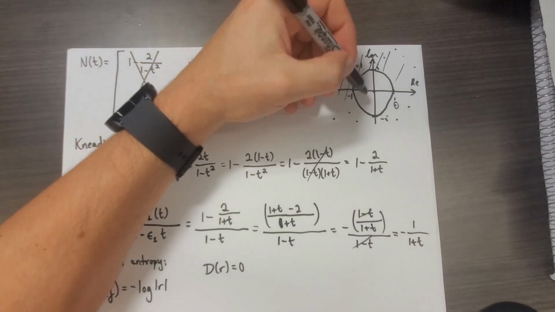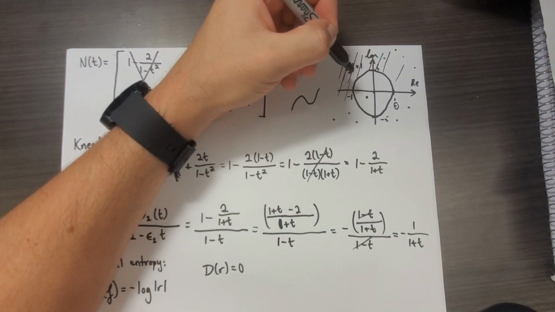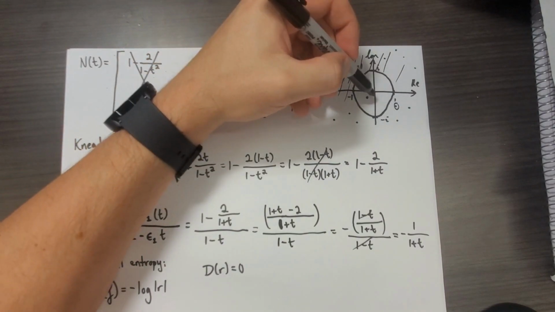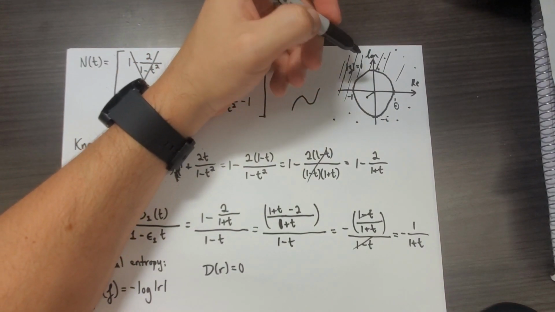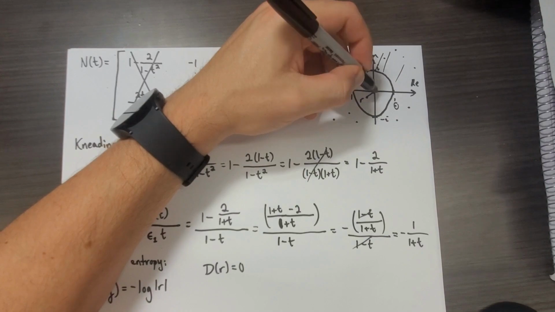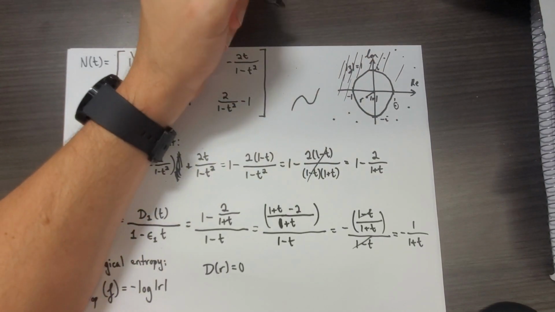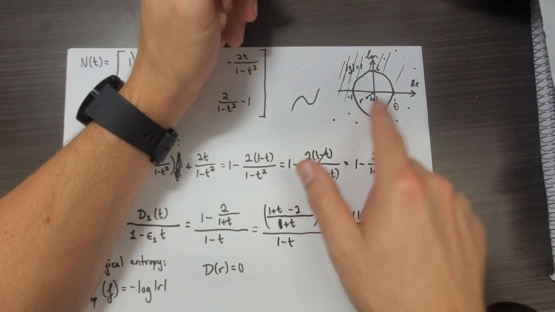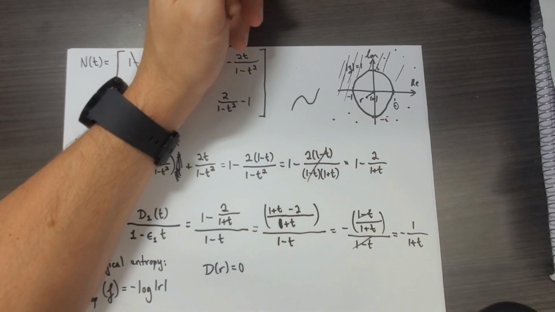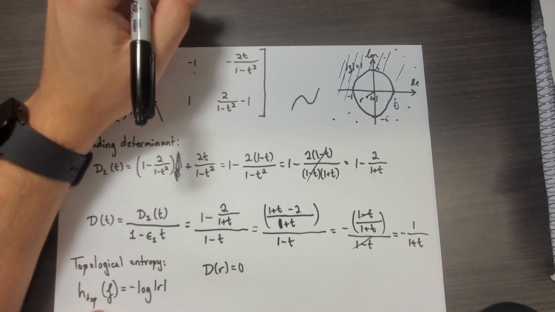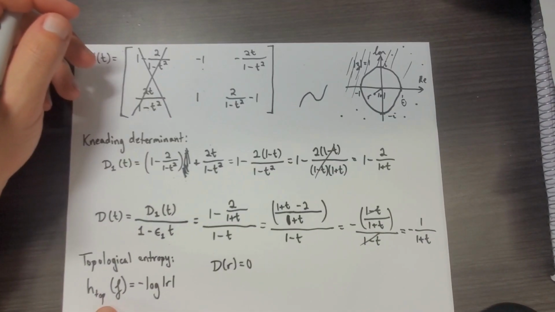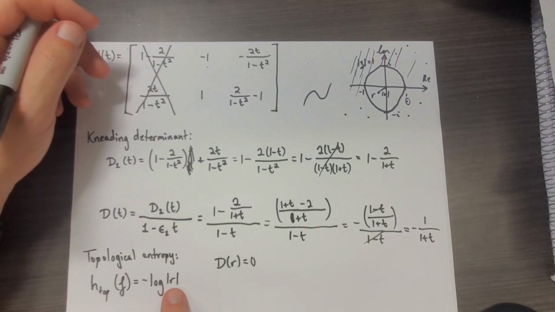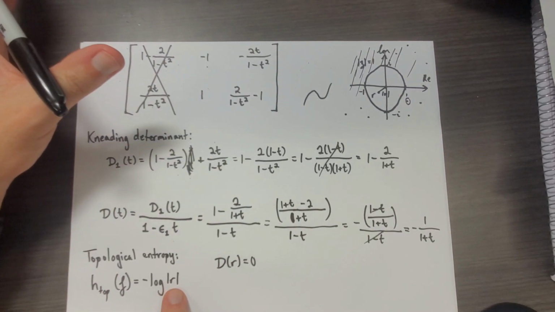On the other hand, if you have a root that's inside the unit disk in the complex plane, then you look at its modulus, which is the distance from the origin. So this is r, and we're looking at the modulus of r. If it's less than 1, which means it's in the interior of the unit disk, then this is the formula for the topological entropy. So you just look at the smallest root, take the modulus, and that's it.